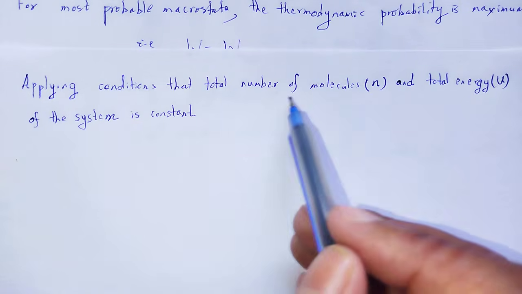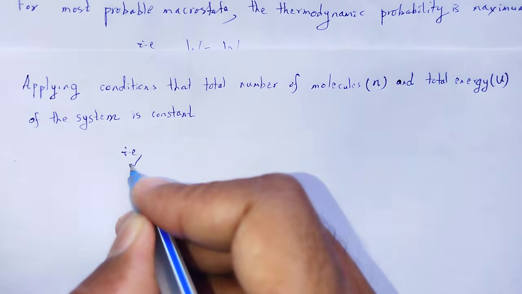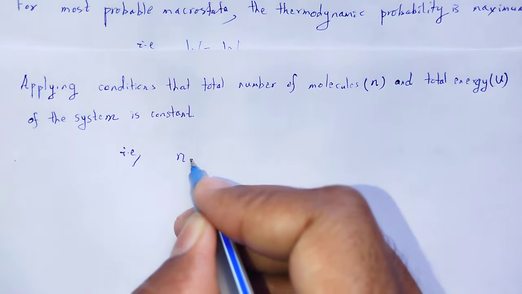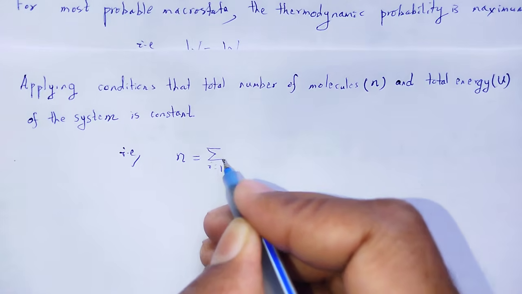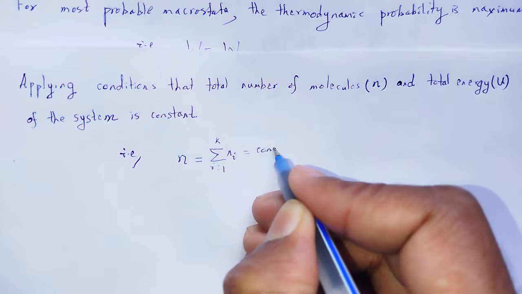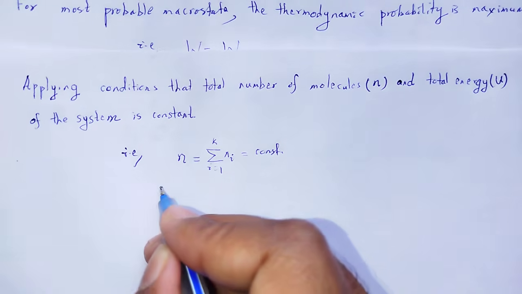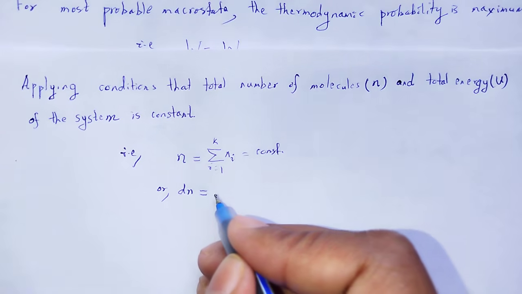We have taken total number of molecules and total energy as constant. So the total number of molecules N is written as summation over i from 1 to k Ni, which is a constant term, so its differentiation dN will be 0.